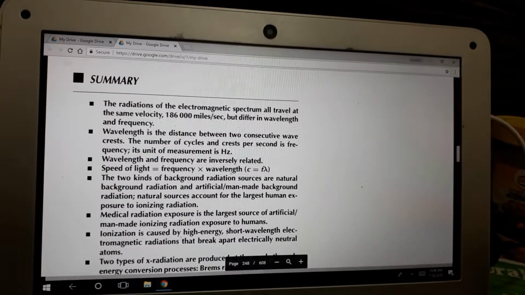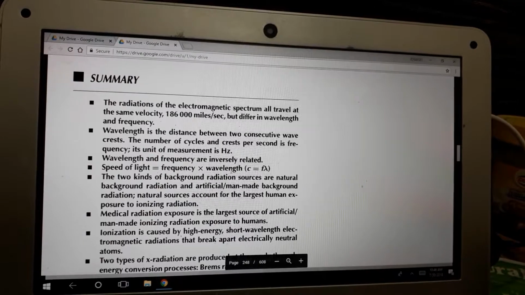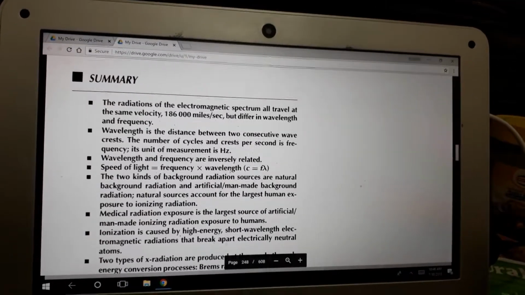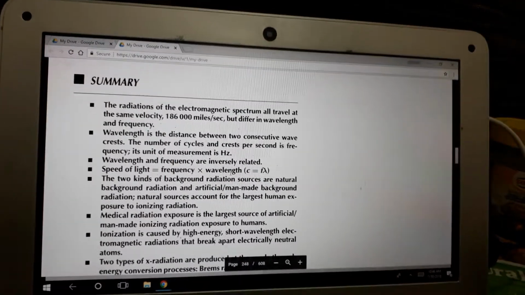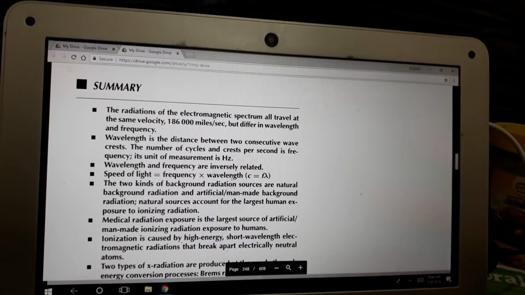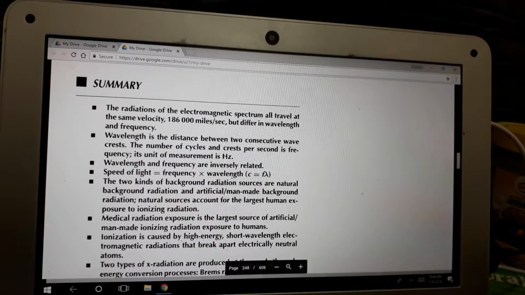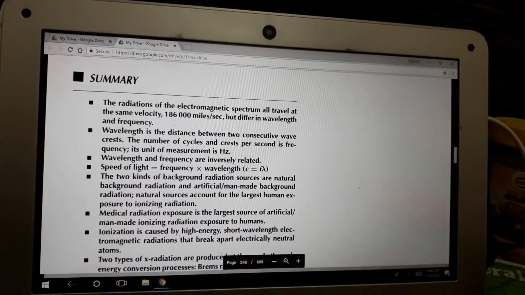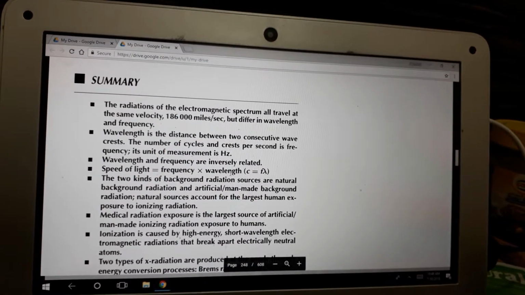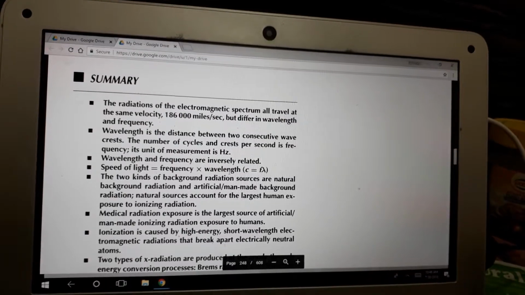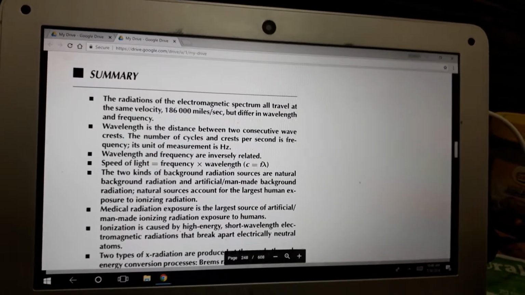The two kinds of background radiation sources are natural background radiation and artificial, man-made background radiation. Natural sources account for the largest human exposure to ionizing radiation. Medical radiation exposure is the largest source of artificial, man-made ionizing radiation exposure to humans.